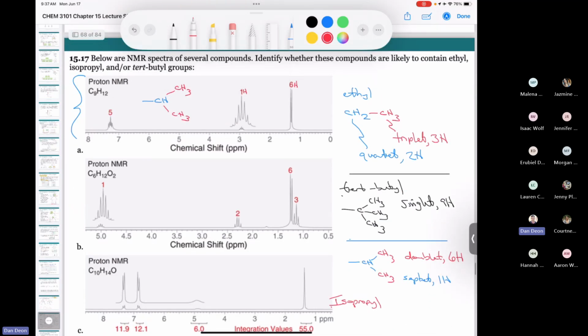What about in B? Does anybody see anything in B? Anybody recognize anything in B? Yeah, I'd say there's both, right? I'd say there's an isopropyl in there and an ethyl.